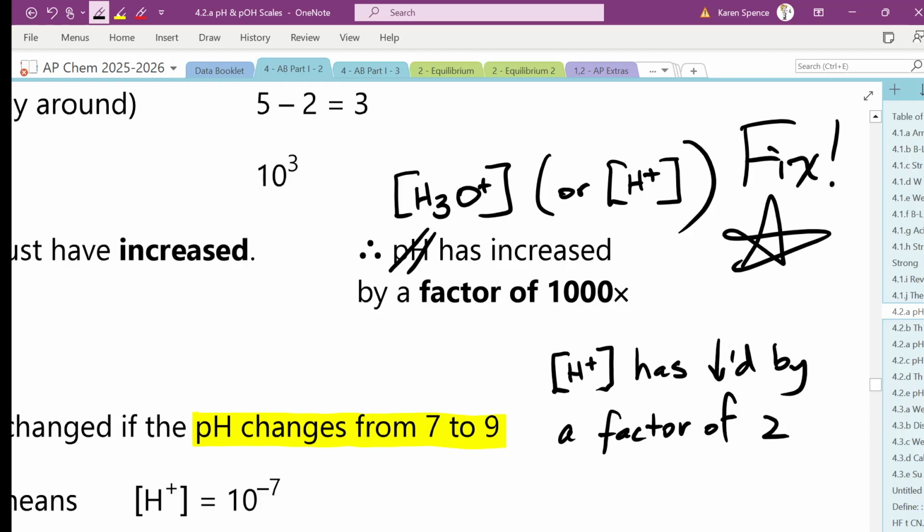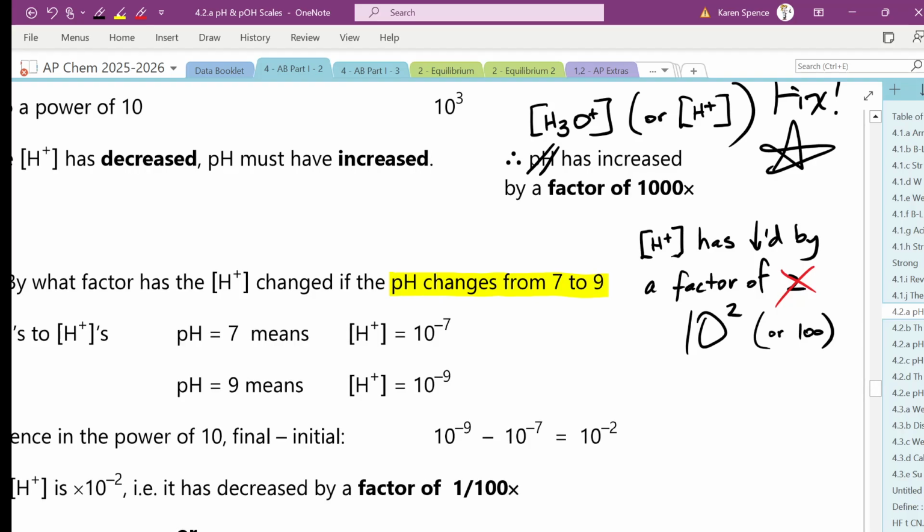Oh no. By a factor of 10 to the 2. Yes? Or 100? Is that good? Okay. Cool, cool.